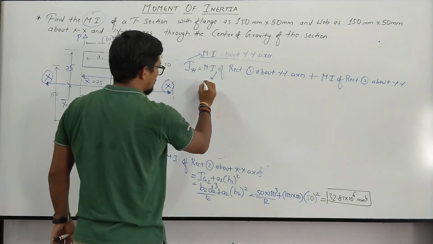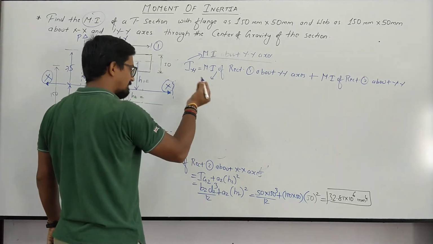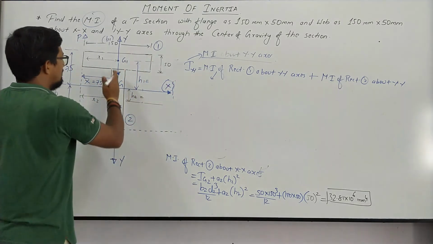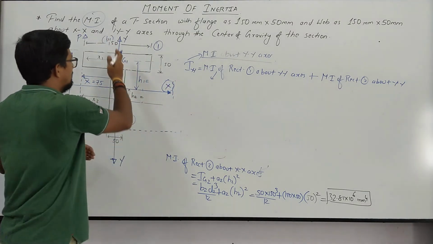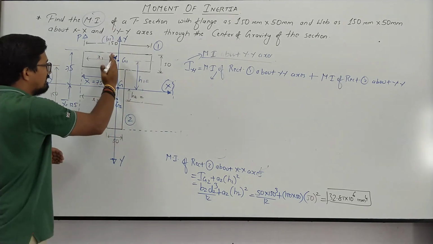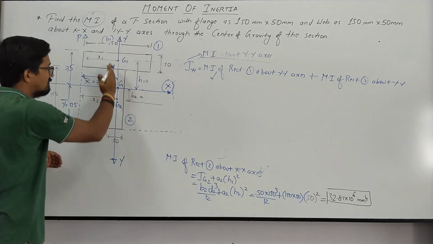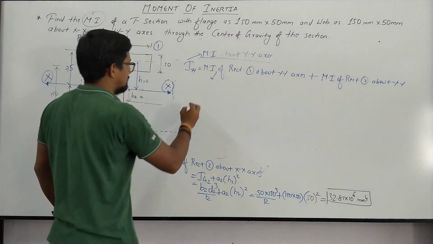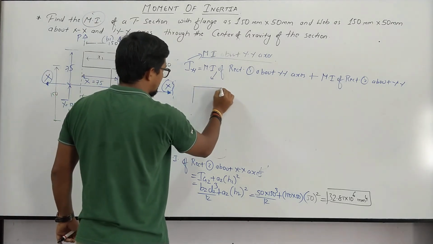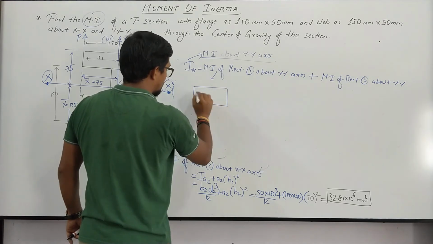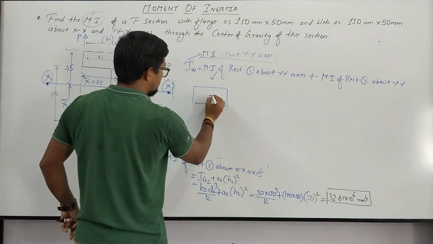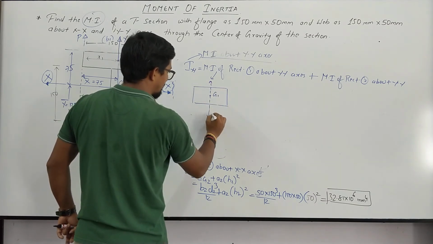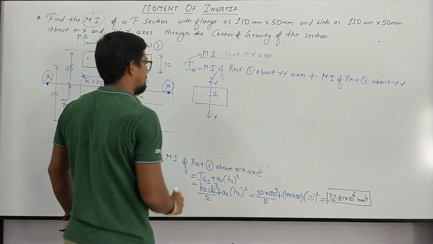So you can see here, again by applying parallel axis theorem, if I apply, what will we get? Now you can see that this axis y is coinciding with the CG axis of the respective rectangles. Suppose if I draw a figure something like this, this is the first rectangle and this is the CG G1 and this is the y, correct?